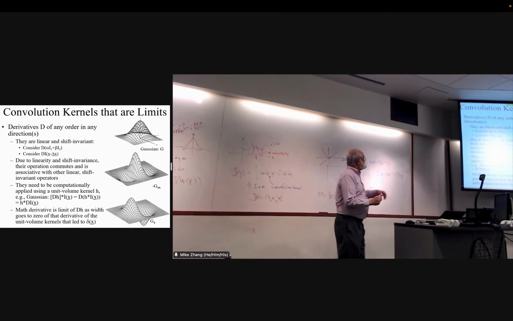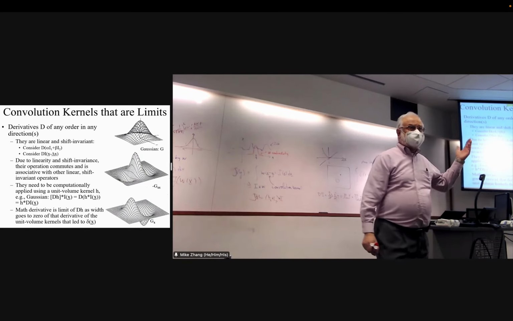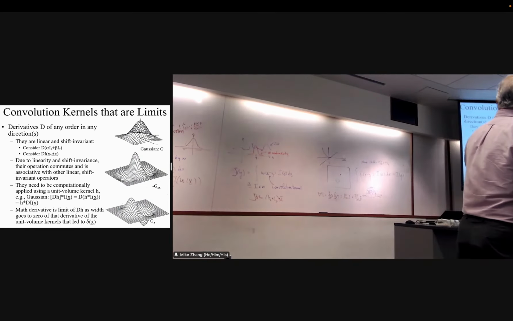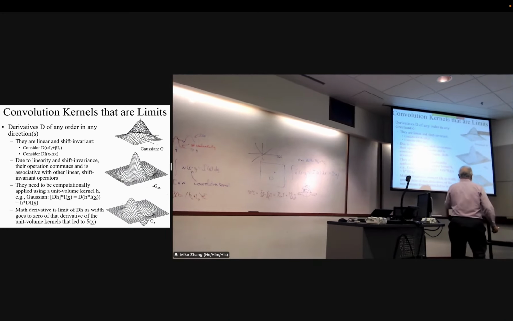And so what I'm showing you in this picture is in 2D, there's the Gaussian at top. The first derivative of a Gaussian in the x direction is this function like so.